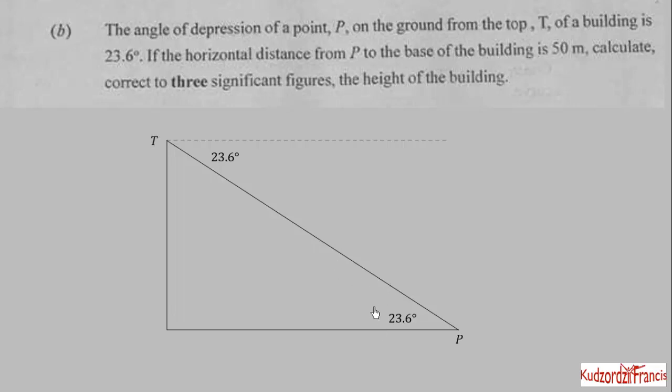So using trigonometry, we can find the height. Let the height be h. This height is h. You can use the trig ratio tan 23.6, opposite over adjacent.